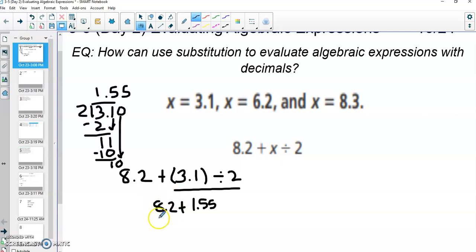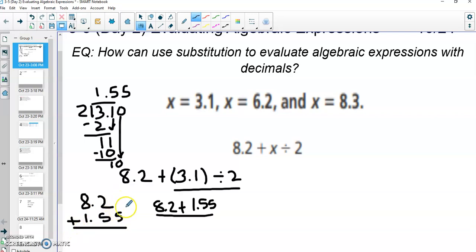Okay, so now that I've written the rest of the expression in, let's go ahead and solve. So 8 2/10 plus 1 55/100. And it's important that I line up these decimals.